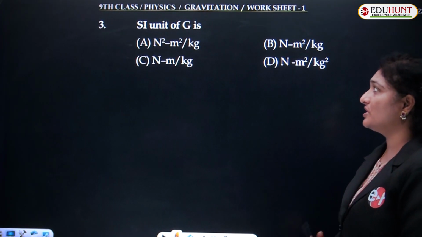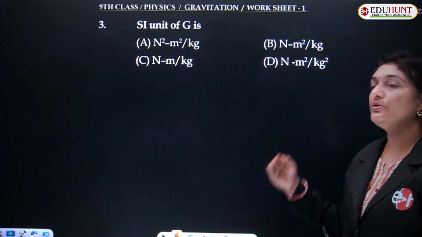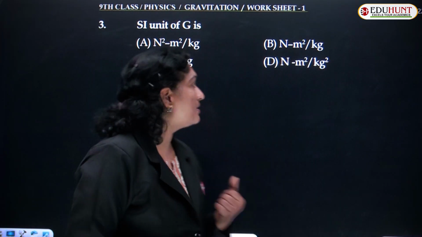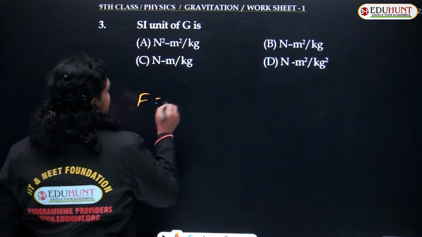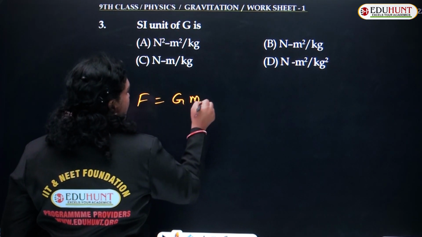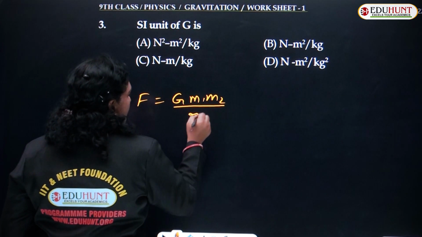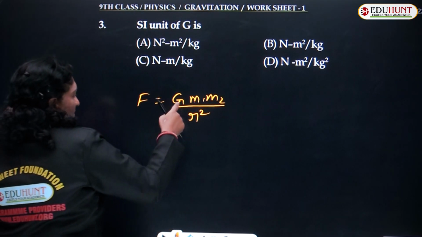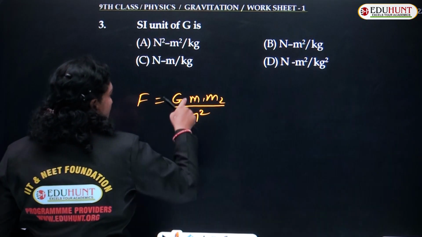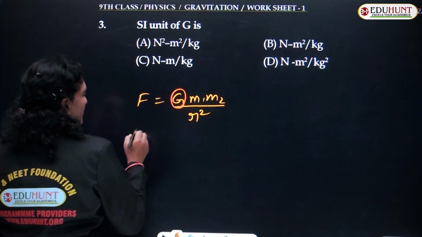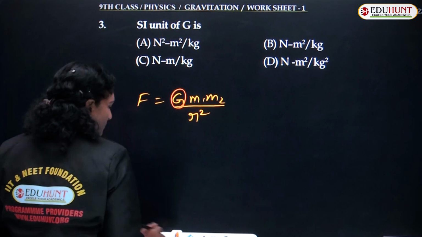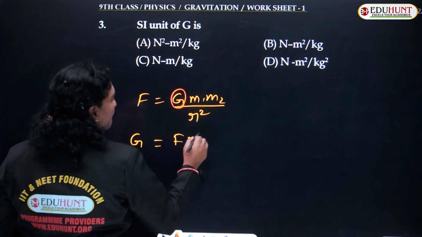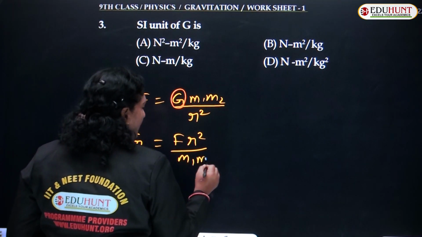Moving ahead with the third question, children. What is the SI unit of the universal gravitational constant G? As we know, F is equal to G m1 m2 upon r square, where m1 and m2 are two different bodies. So the universal gravitational constant G is given as F r square by m1 m2.